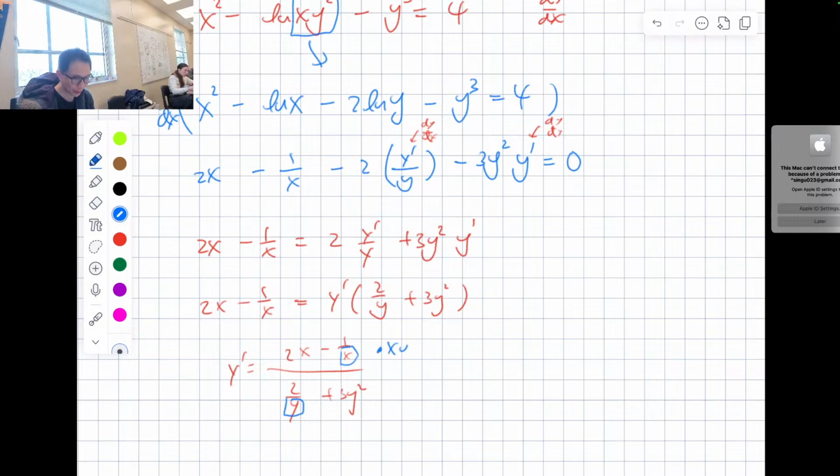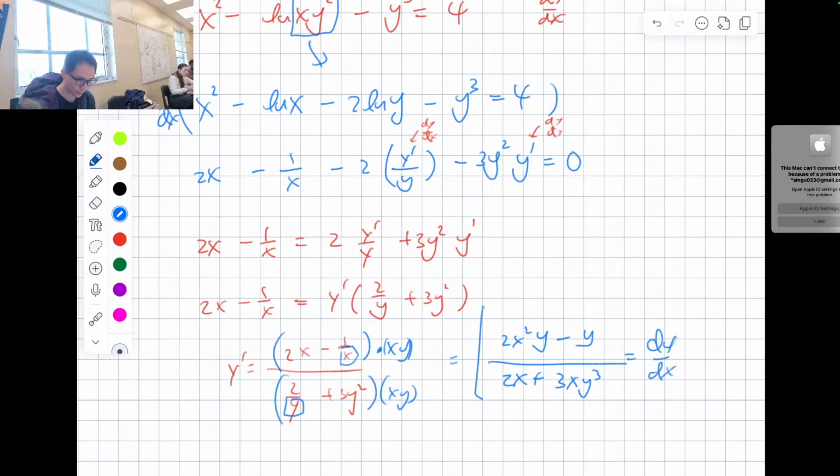When you do that, you're going to get 2x squared y minus, the x cancels out, so it's y, over 2x plus 3xy to the cube. So this is dy dx. I just multiply top and bottom by xy.